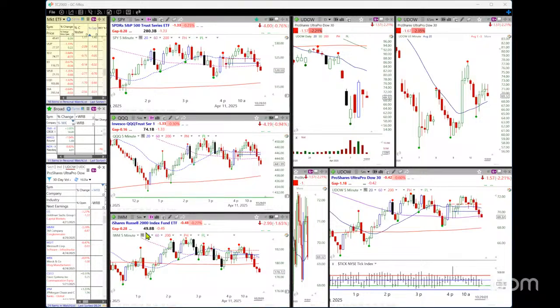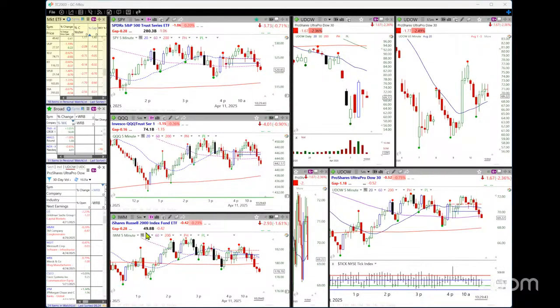Total mess here. Might get filled on your VIX stuff. The spreads are so bad. It's gonna take a bigger jump than this, but let me see if the spreads have tightened any. Even for today, let's see if there's anything.